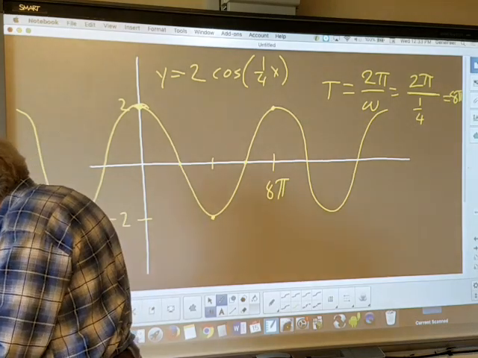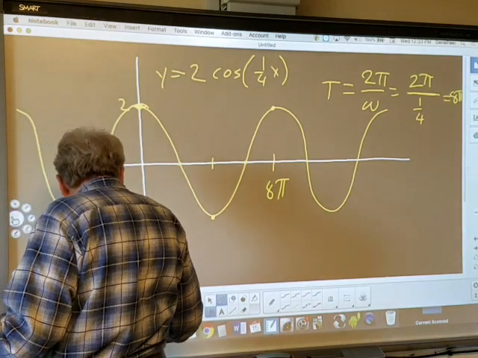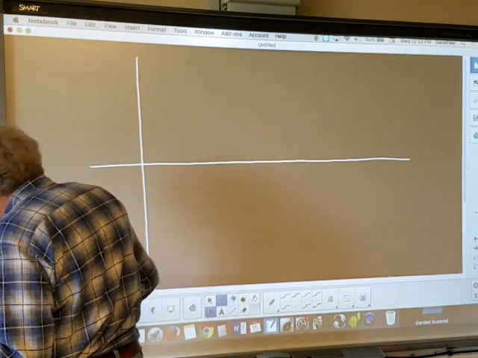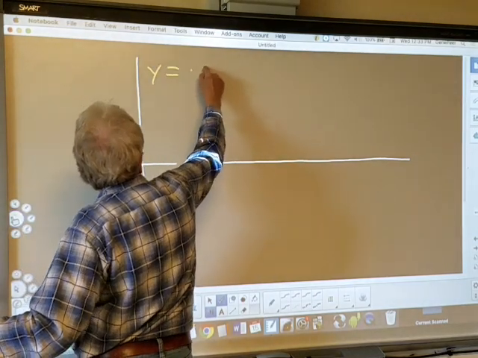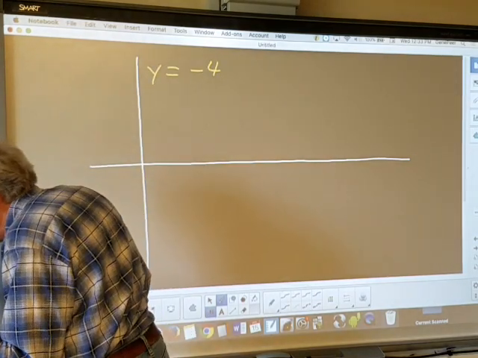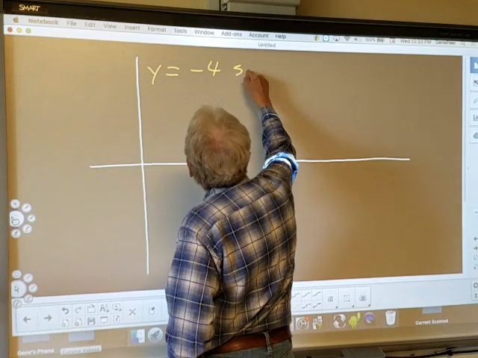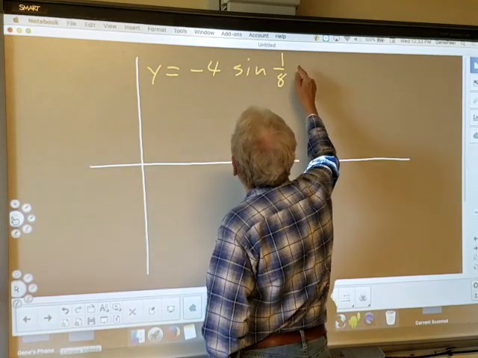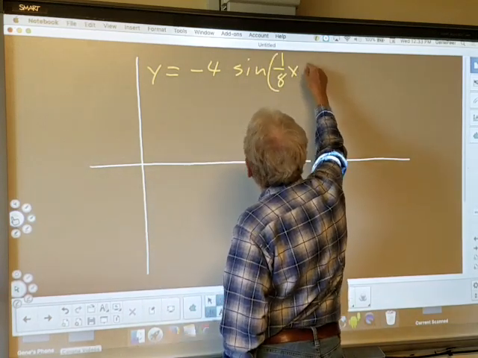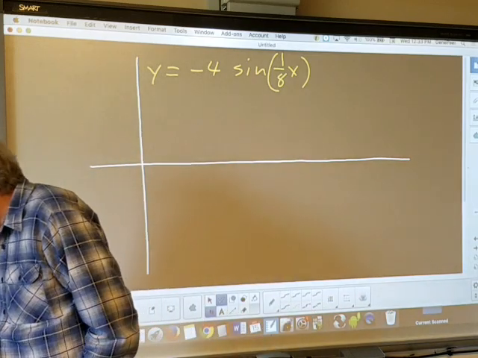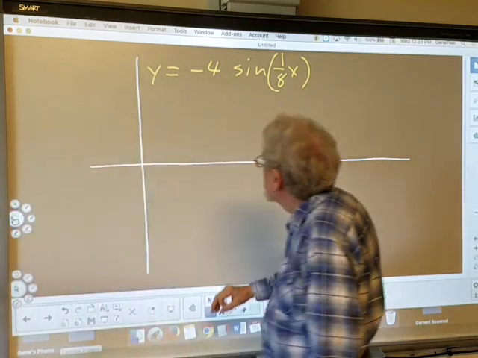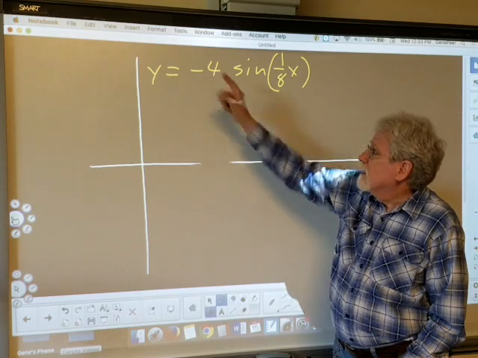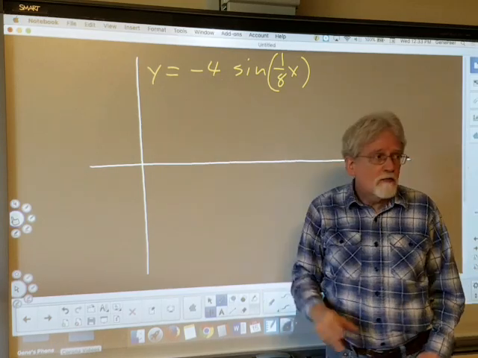And number 54, the last one in this set. 54 says we want y equals -4 sine of 1/8 x. Okay, make sure I'm reading this right. Yes. Okay, this time -4. The negative means it's going to be upside down.